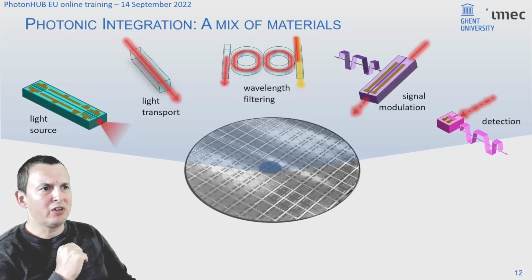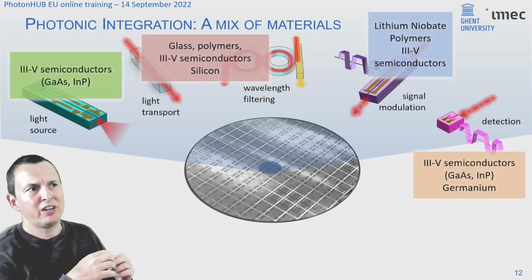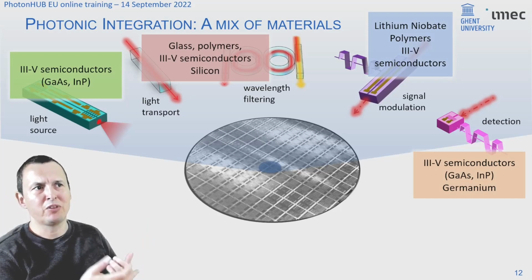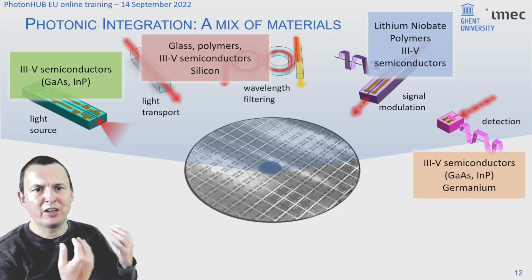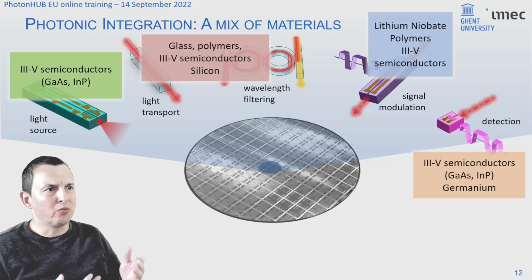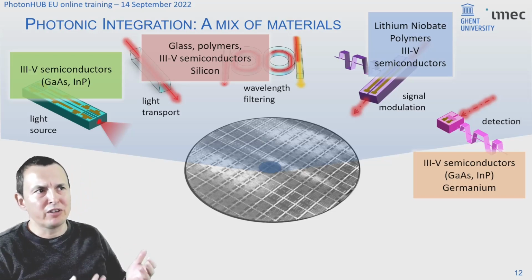Now, if you look at how these are actually implemented, today you see that all of these functions are implemented in different material systems. If you want to make a good light source, you're going to go for III-V semiconductors. If you want to make good waveguides, probably glasses or even polymers are very good waveguides.